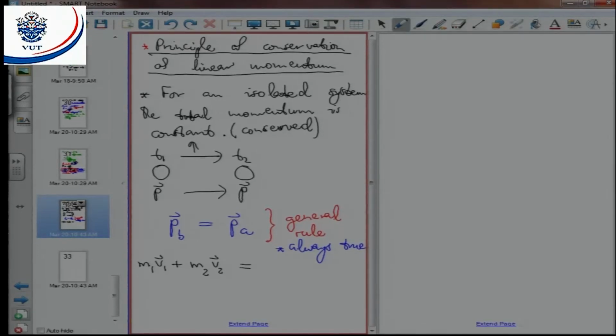And after it will be the momentum of particle 1, and later on I'm going to use a prime just to differentiate this velocity from that, and then the mass of particle 2 times the velocity of particle 2. So that's how you would use the conservation of momentum, and that's this equation.